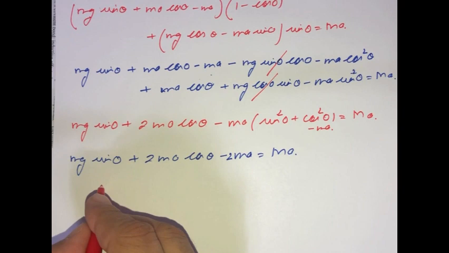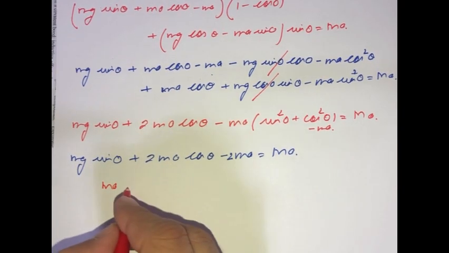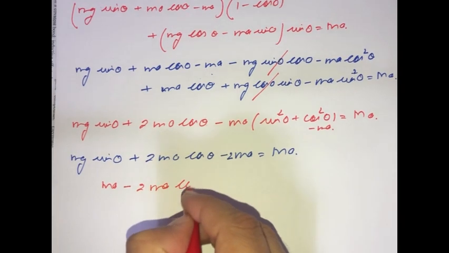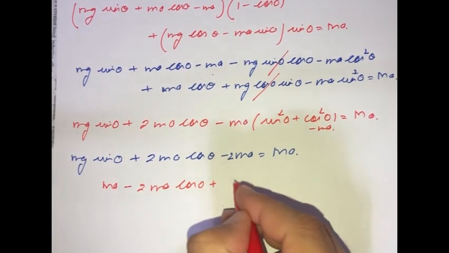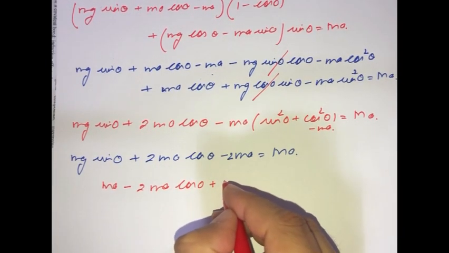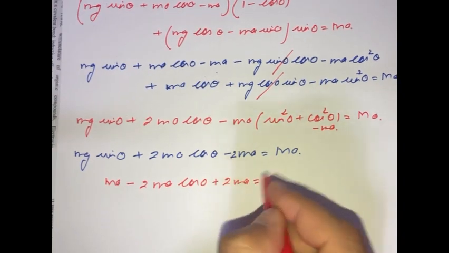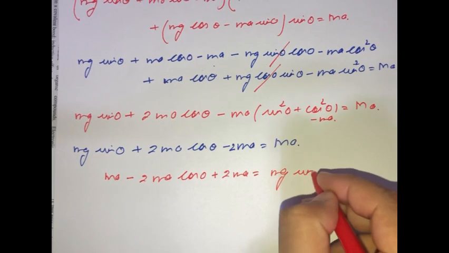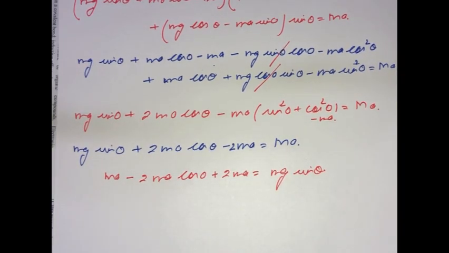Next we combine the like terms. We move this as Ma minus 2ma cos theta plus 2ma is equal to mg sin of theta.